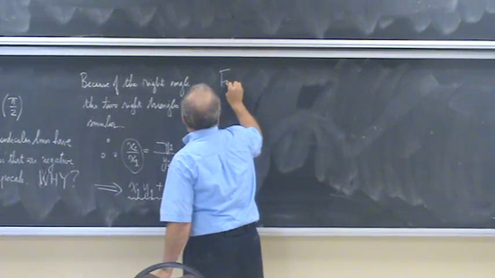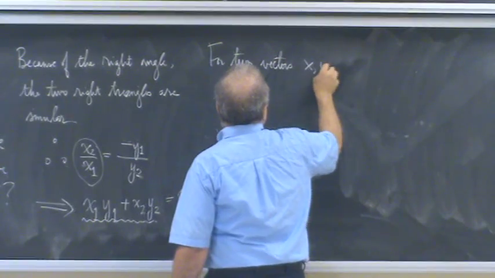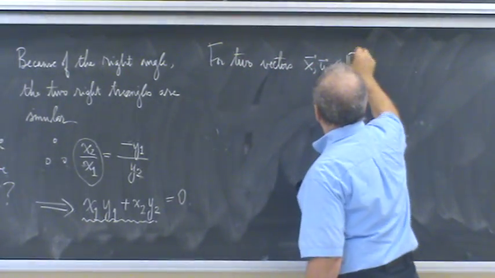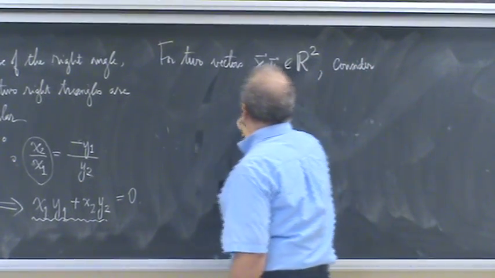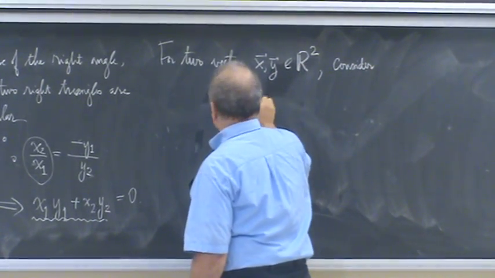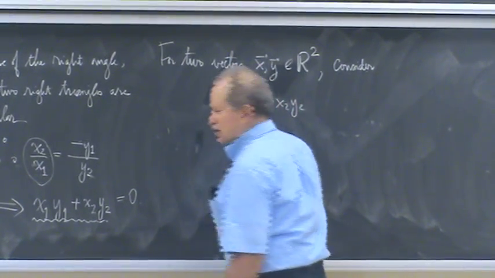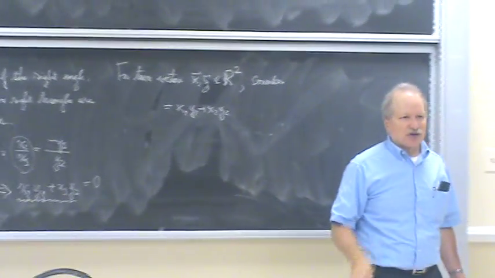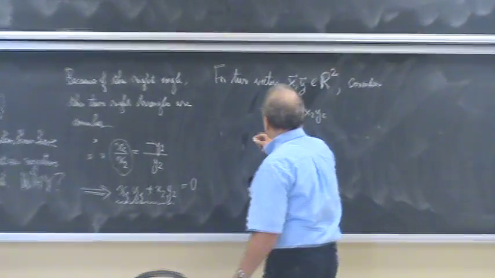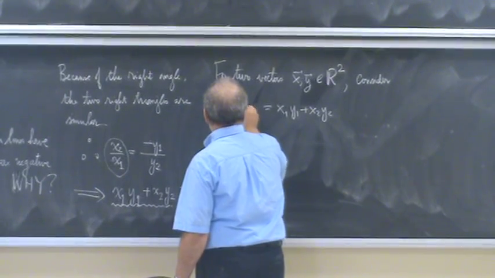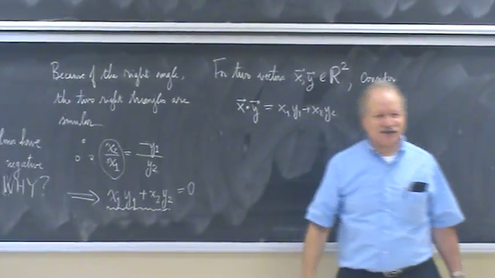So for two vectors, x and y, in the plane, consider this formula: x1 times y1 plus x2 times y2. And because it's going to turn out that that's something we want to study for the rest of the hour, I want to have some notation for that. So I'm actually going to make up a notation, never heard of before, called the dot product of x and y.